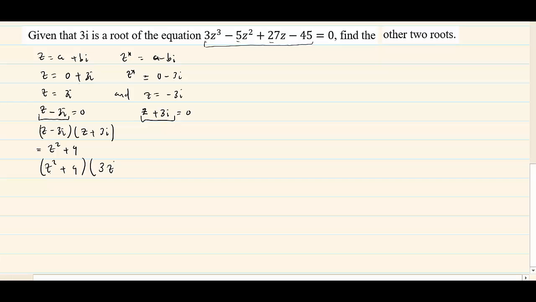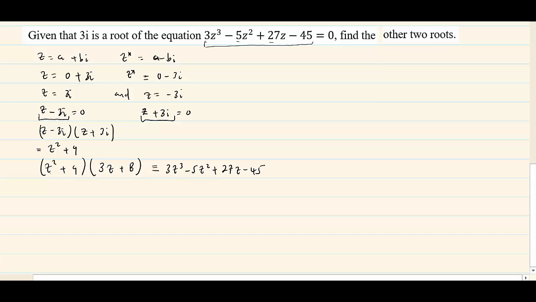But this is to the power of 1, so the next term is going to be a constant. Let's call it b. And this should be identical to the 3z cubed minus 5z squared plus 27z minus 45.